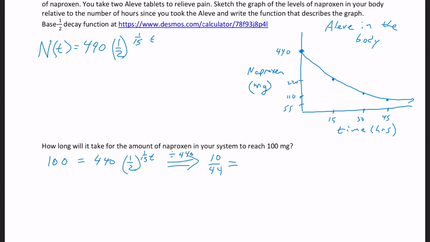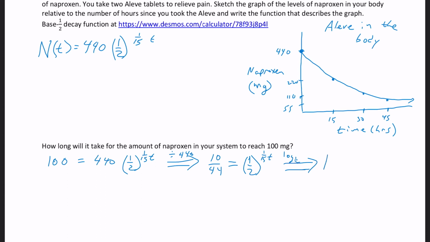But that would equal 1/2 raised to the power of 1/15 t. And the next thing I need to do is to reverse the 1/2 exponential with a base 1/2 logarithm. So I need to use a base 1/2 logarithm on both sides.